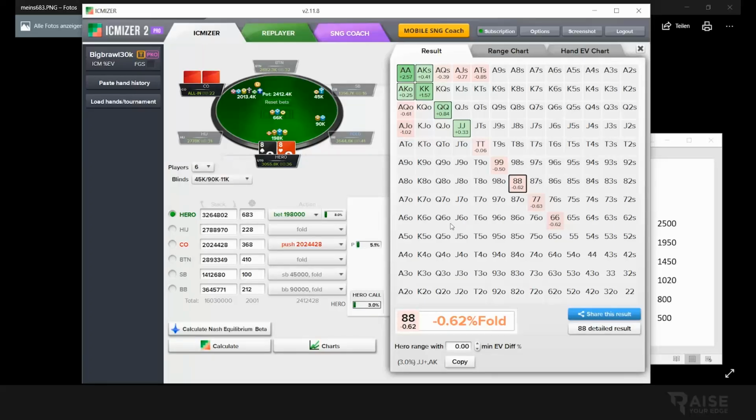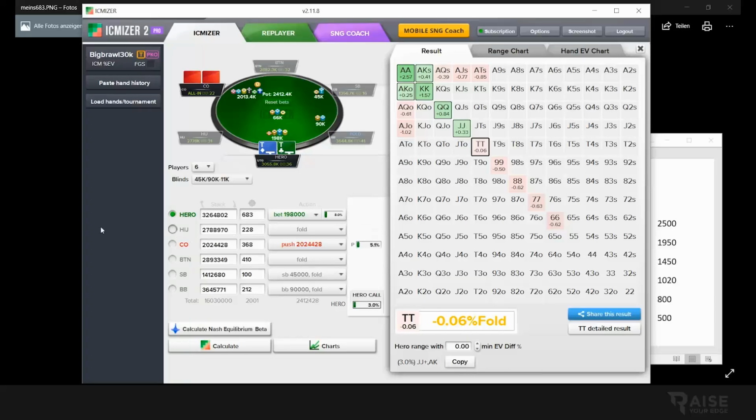So this is, like Ben said, not a perfect solution. We don't have all the information, and don't be too harsh on yourself if you're calling tens. This is a totally fine call in most of the situations, and sometimes it's not. So this is just how the game goes.